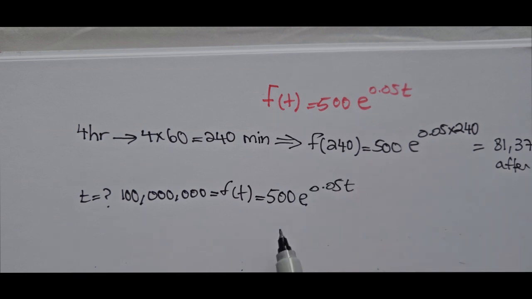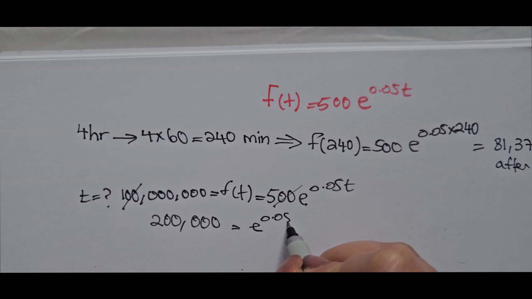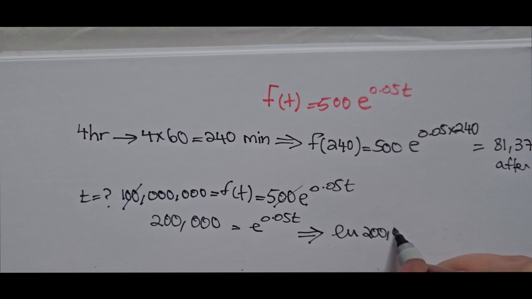Now I have to do some simplification. These two zeros can be simplified with this. Now we have 1 million divided by 5, which is 100,000. It's equal to e to the power 0.005 times t. Here you can take ln from both sides.